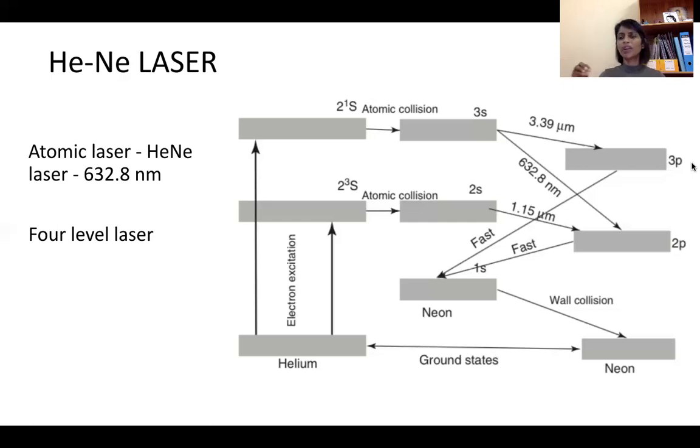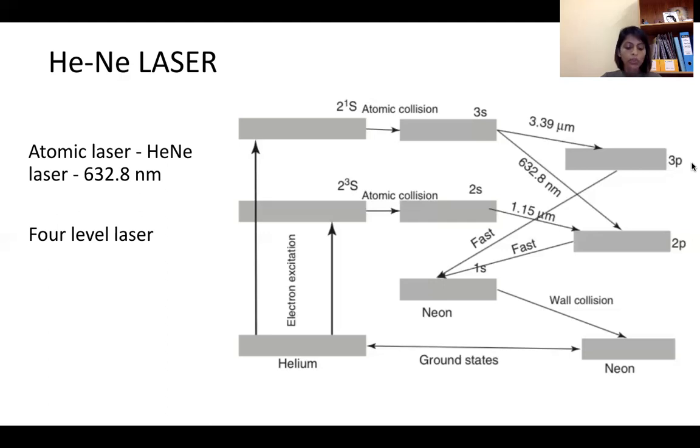The pumping rate is very high, on the order of picoseconds. It's very quick, but it's still pumped, and the light comes out as a pulse. But this is a continuous wave laser. Now, in modern days, we frequently use this helium neon laser at 632.8 nanometers.